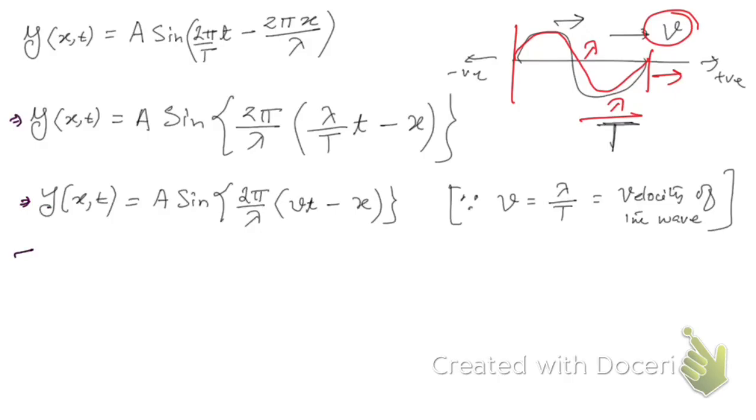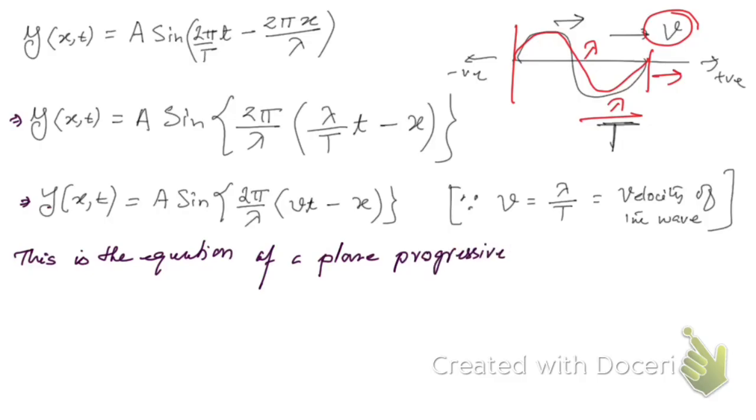Now you see this equation, this is the equation of a plane progressive simple harmonic wave traveling in the positive x direction, or positive x-axis, right?